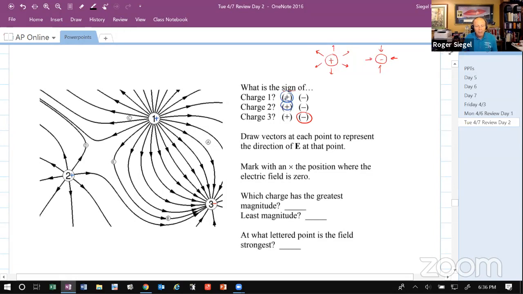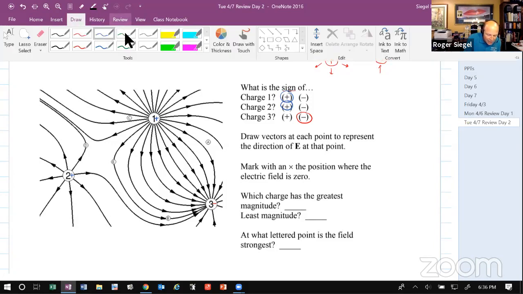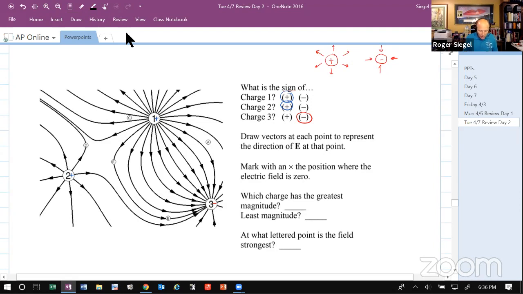Okay. Now, the next thing we're going to do is draw vectors at each point to represent the direction of the electric field at that point. This is going to be pretty easy because the electric field is always parallel to the field line at the point. So if we start with A, right here, I can pretty much estimate that the field is in that direction at A. And I could then look at B and this one.